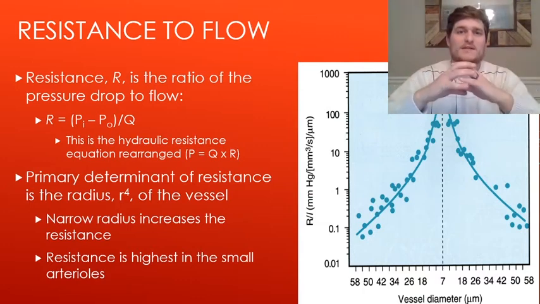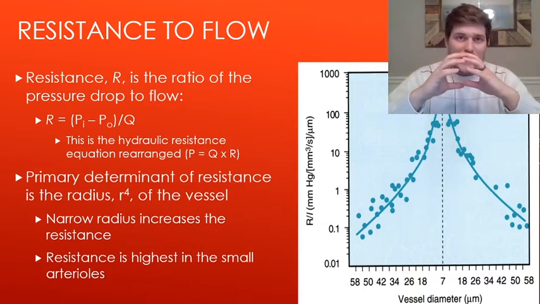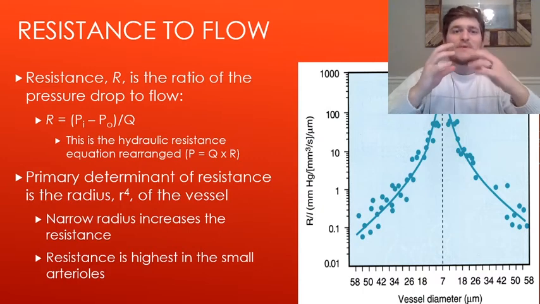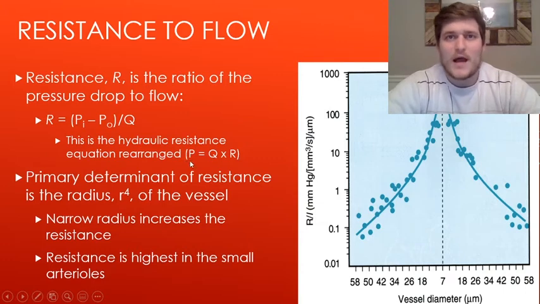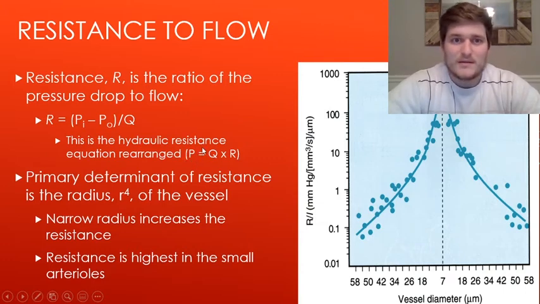When we vasodilate a blood vessel, the resistance of that vessel will decrease due to the increasing of that radius. That in turn will lower pressures and increase flow through that vessel.